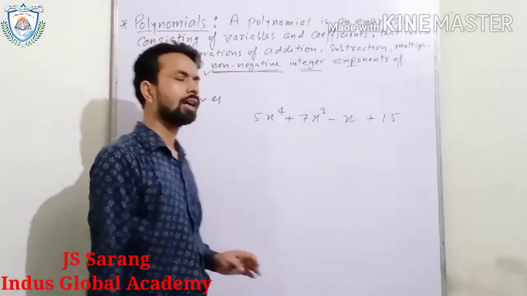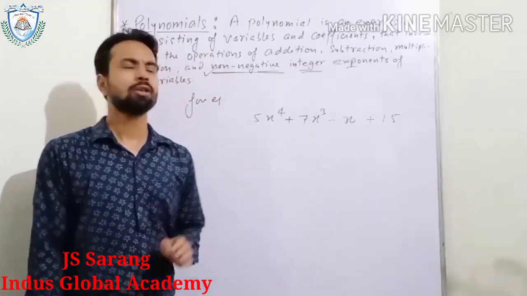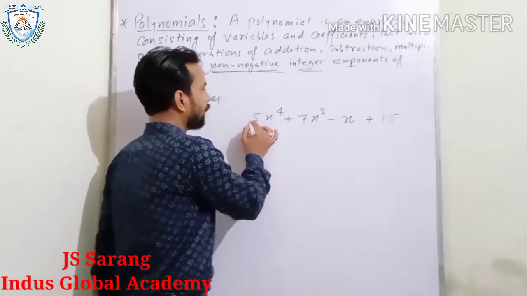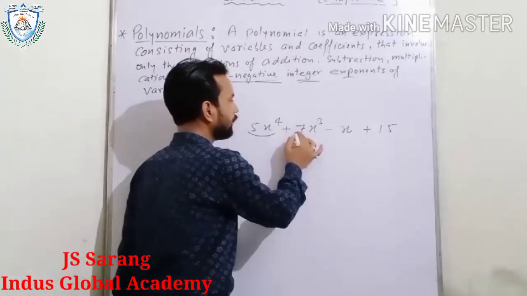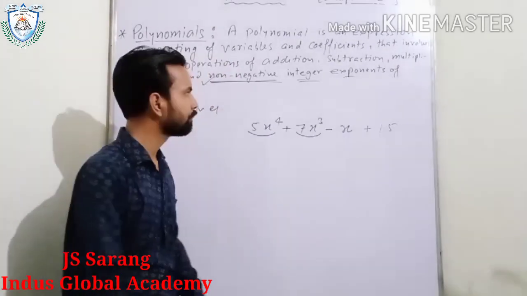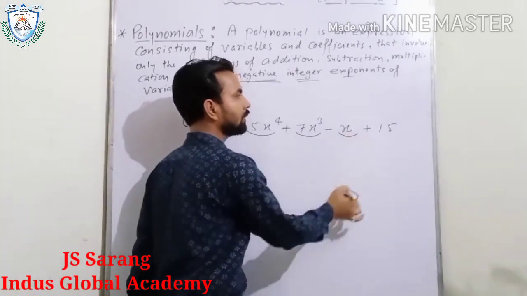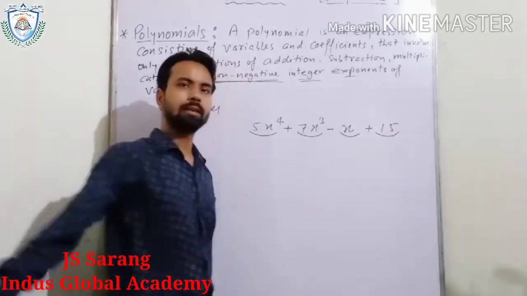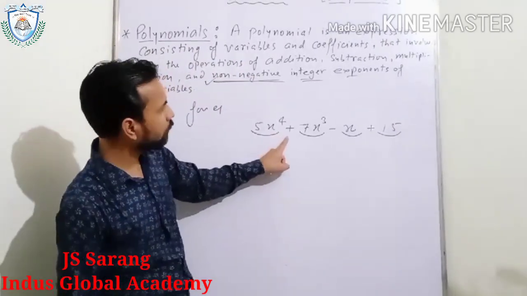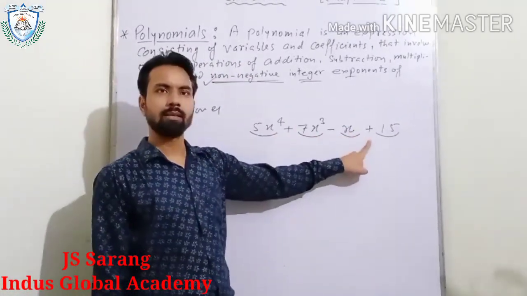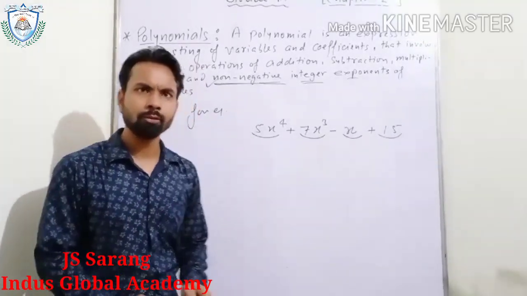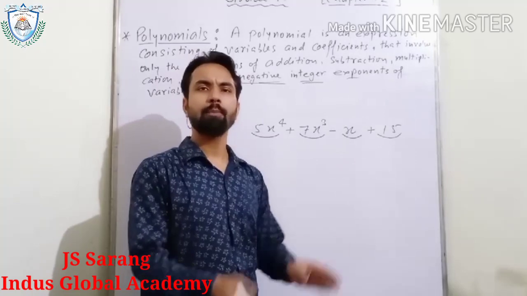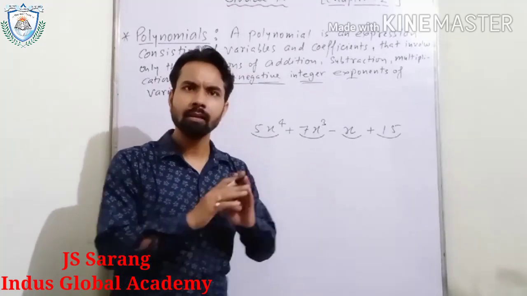If I am asking how many terms are here, so beta, 5x to the power 4 is one term, 7x cube is the next term, x is another term and 15 is another term. The sign of plus and minus separate the terms. Understood? The sign of plus or minus in a polynomial separates the terms.